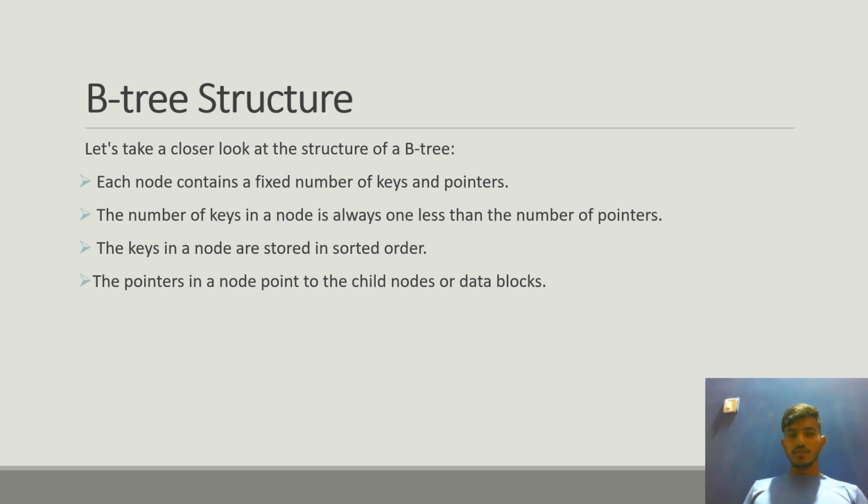Each node contains a flexible number of keys and pointers, and the number of keys in a node is always one less than the number of pointers. The keys in a node are stored in sorted order, and a pointer in a node points to a child node or data blocks. This is how the structure has to be in the B-tree.